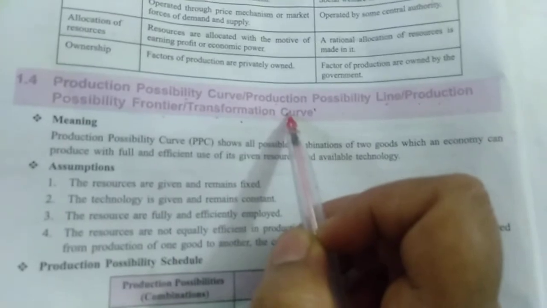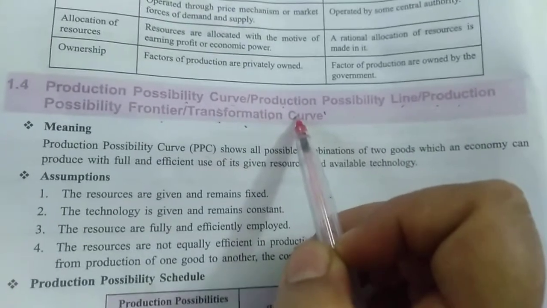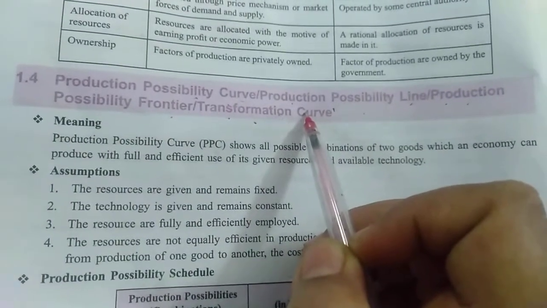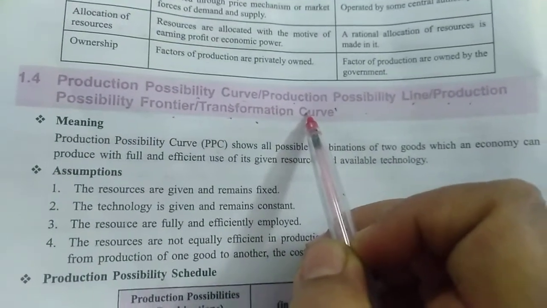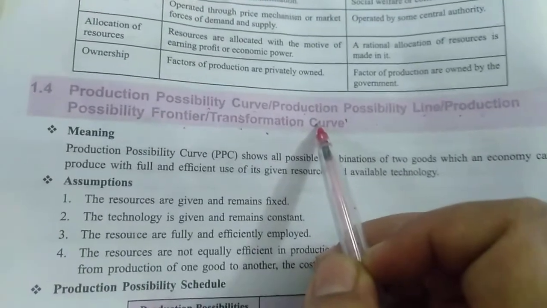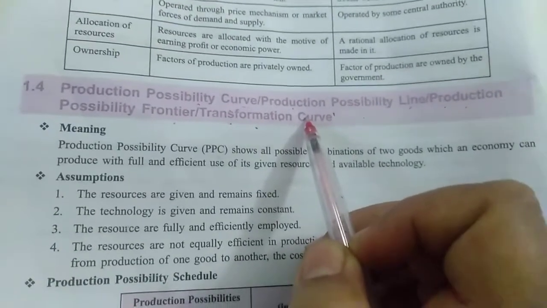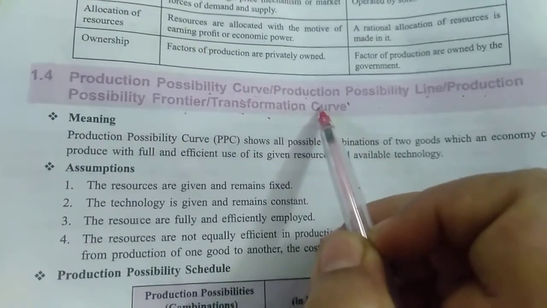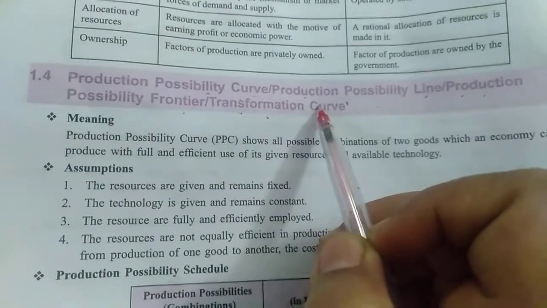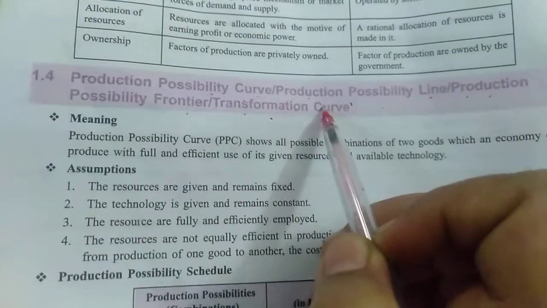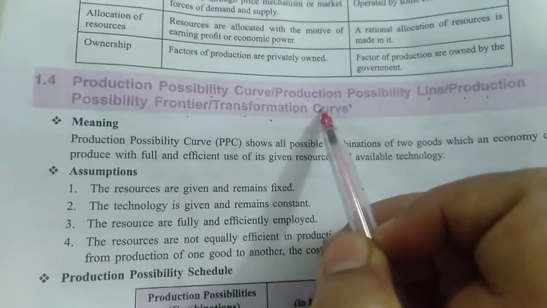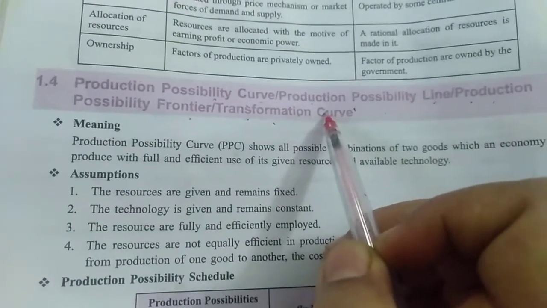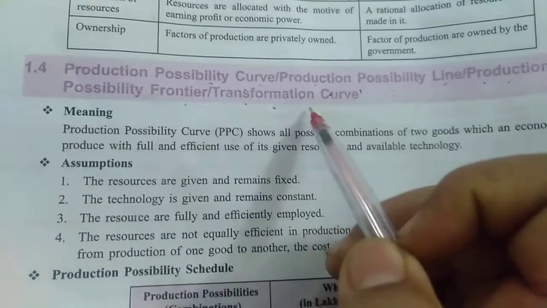If we have 1 acre of land, how much can we produce of two commodities, like wheat and pulses? So with the given resources and technology, how can we produce two commodities? That is the reason why we are talking about the production possibility curve.